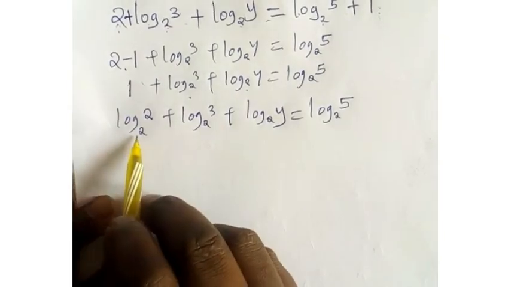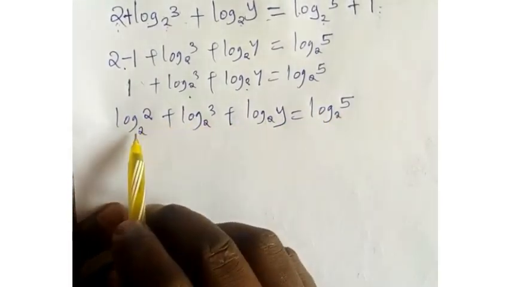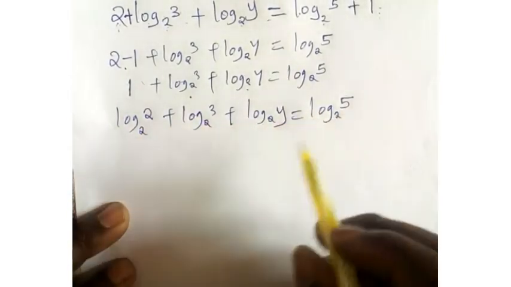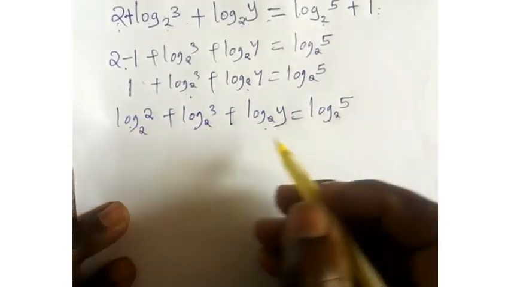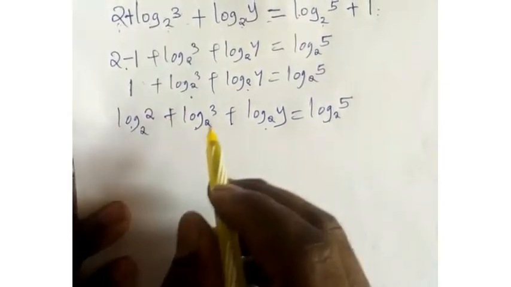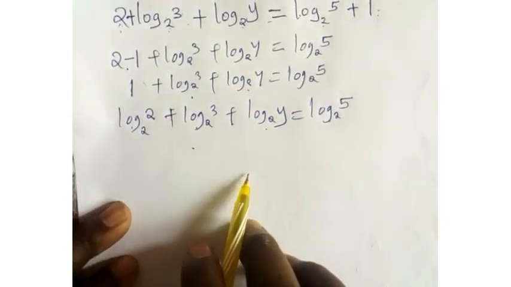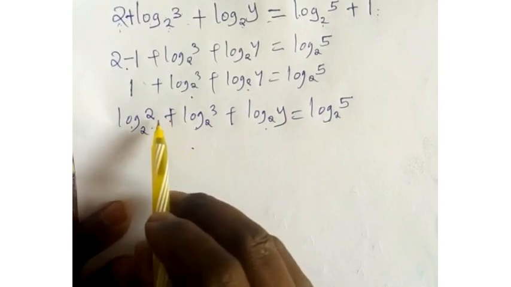Now you can see the log is the same. So what you need to do is ignore the log, because the logarithm is the same. When you do that, you should remember the rule of indices: now this is addition, it's going to be multiplication.